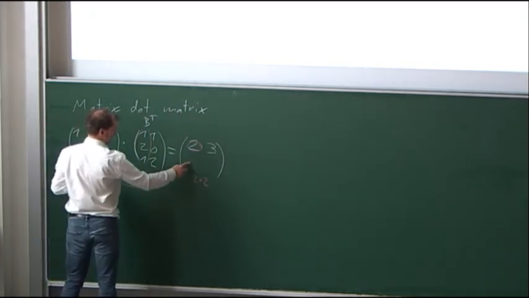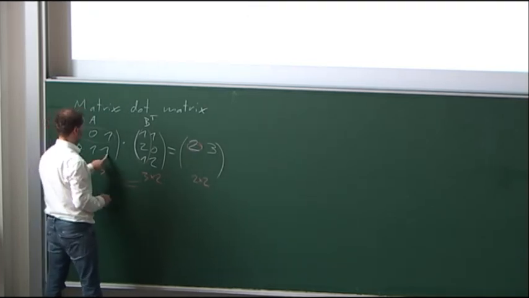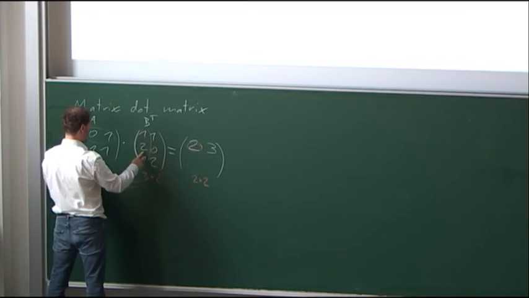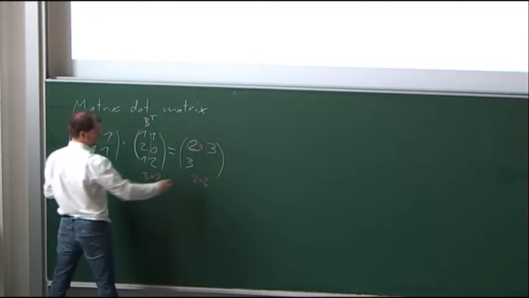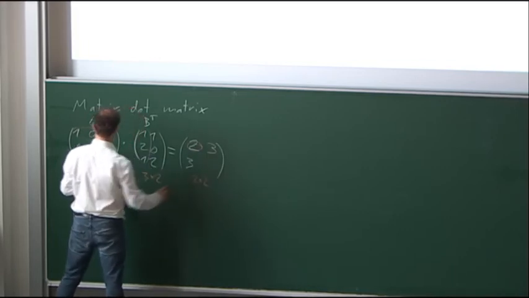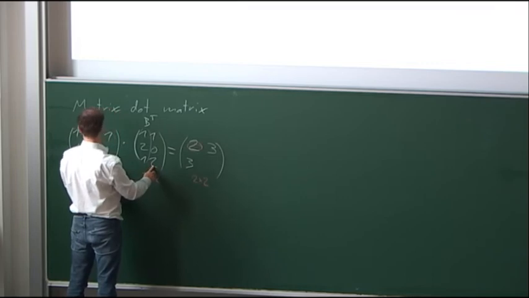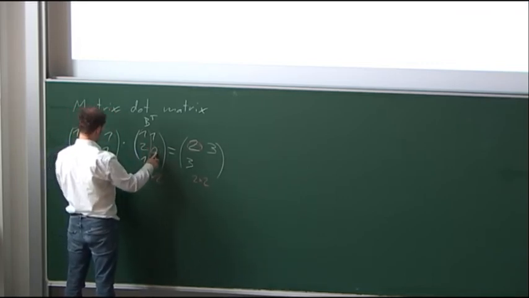This entry here, in the second row, first column, will be the dot product between the second row of A and the first column of B. So it will be 0 times 1 plus 1 times 2 plus 1 times 1, which is 3. And this entry here is in the second row, second column, so it will be the dot product between the second row of A and the second column of B transpose. So it will be 0 times 1 plus 1 times 0 plus 1 times 2.